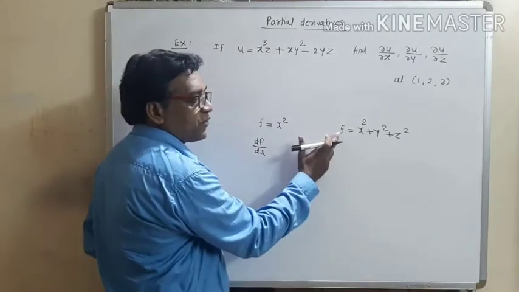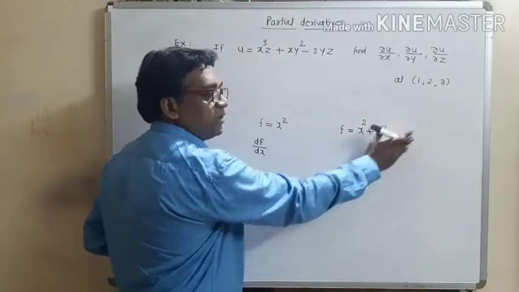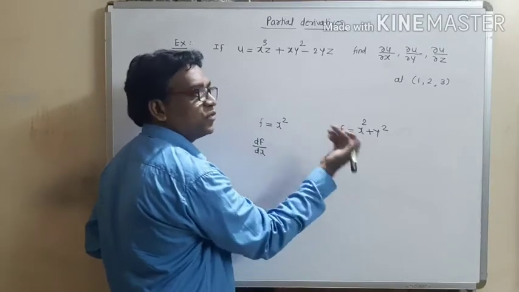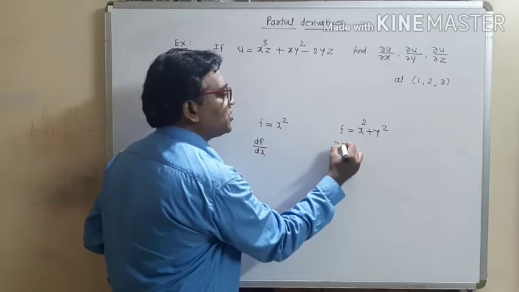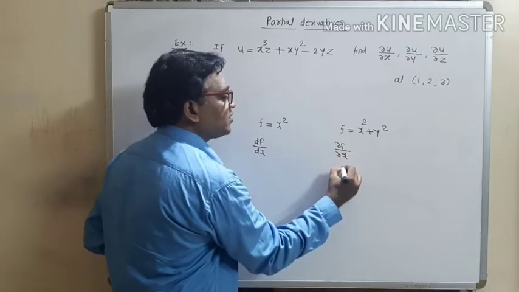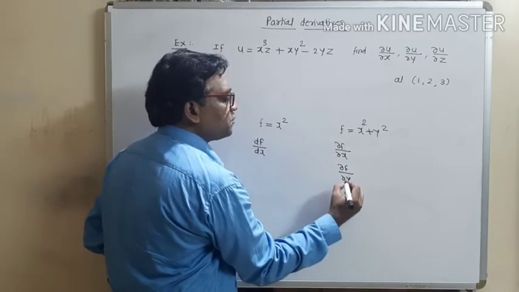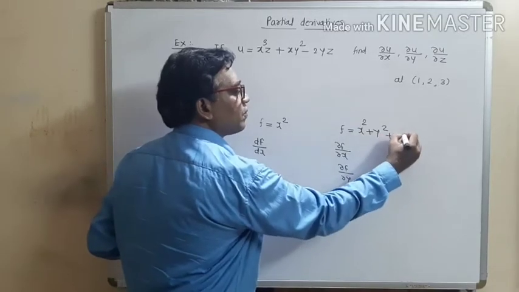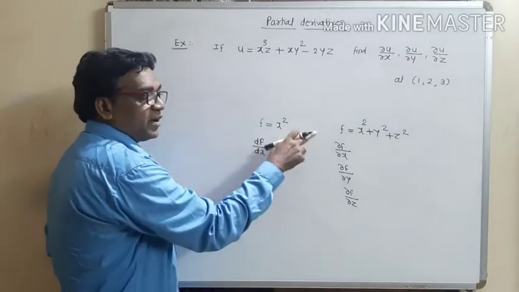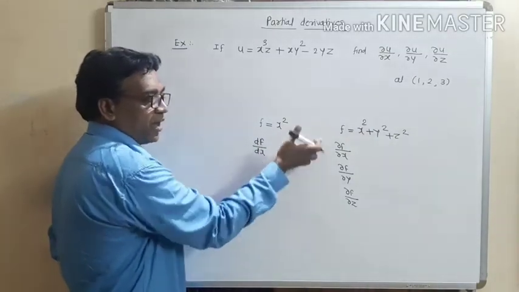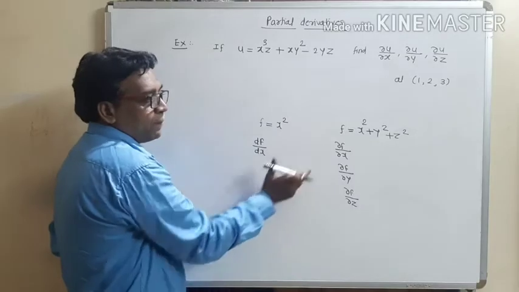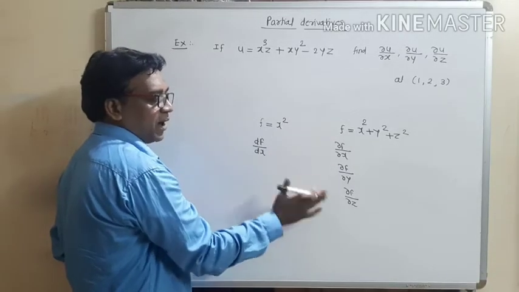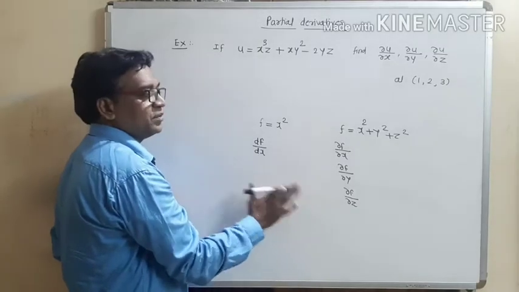And if f contains more than one variable, then these are the partial derivative with respect to x, with respect to y, and with respect to z. If f contains three variables, then we have these three partial derivatives.